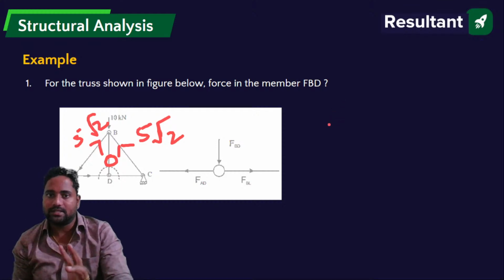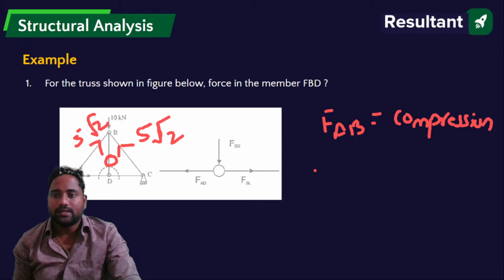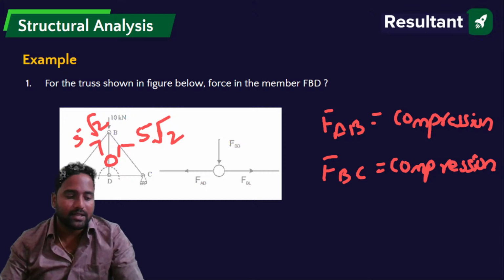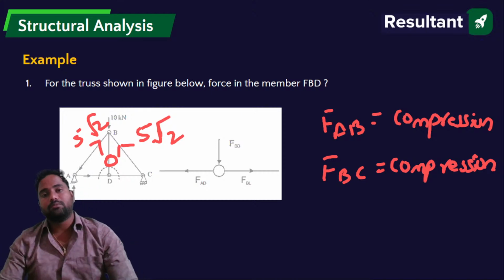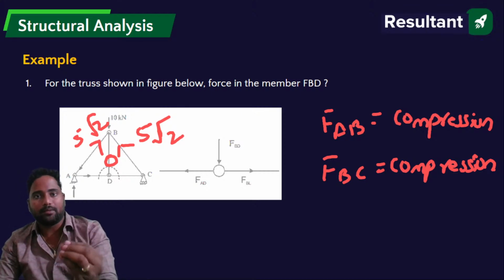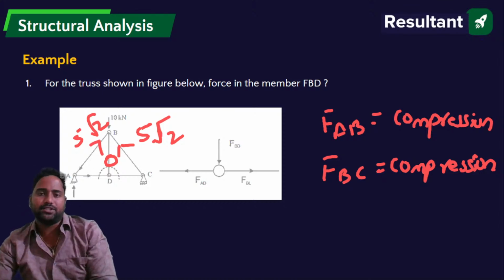So here I can write FAB is compression because it is acting towards the joint, and FBC is also compression because it is acting towards the joint. If it is acting away from the joint, then it is taken as tension.